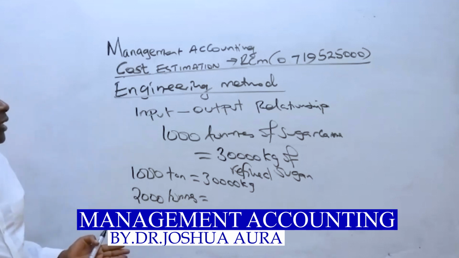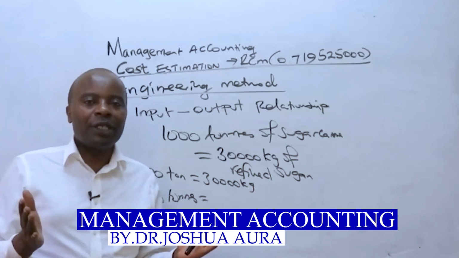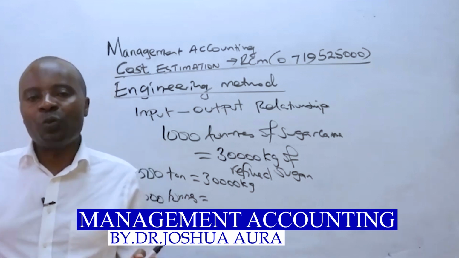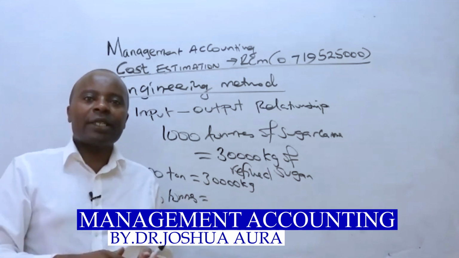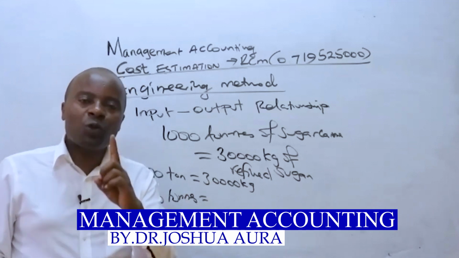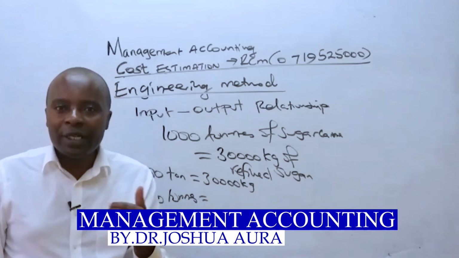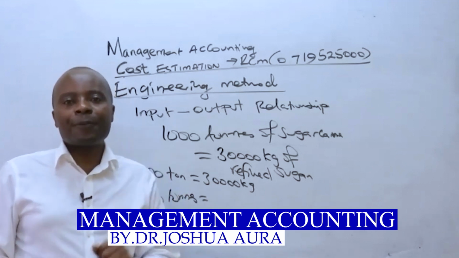It's called the engineering method. If somebody asks you a question of 2 marks on the engineering method, what you're supposed to tell us, number one, is that the method is very useful in situations where we do not have a history of our costs.